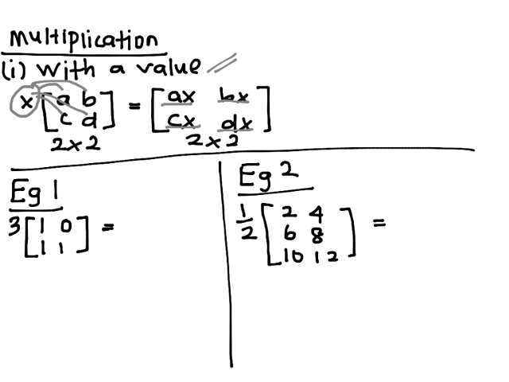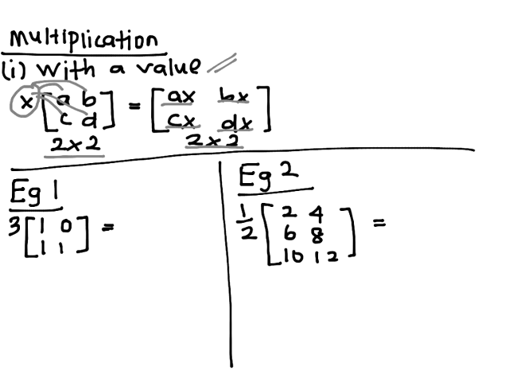Note that whenever we multiply a value with a matrix, we will come up with a final answer which is the same size as the matrix that we have. If you can see here, we multiply X, which is a value, with a 2 by 2 matrix, so our final answer will also be a 2 by 2 matrix. Let us go with the example.